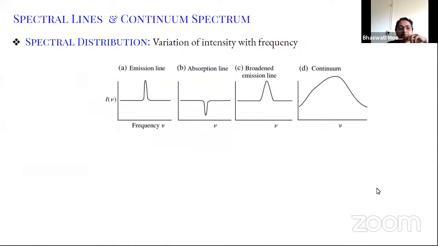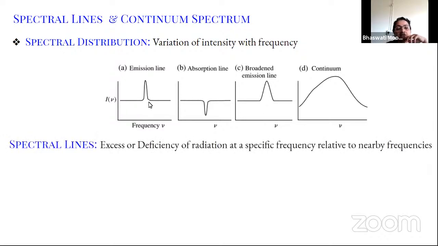Basically, what astronomers try to understand from astrophysical objects is a spectral distribution, which, to put it plainly, is a variation of intensity with frequency, wavelength or energy, depending on the instrument being used to measure. Here you see examples of 4 types of emission. One is an emission line: spectral lines are basically an excess or deficiency of radiation at a specific frequency relative to nearby frequencies.